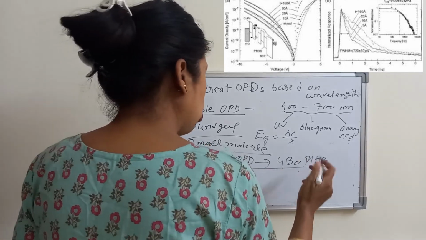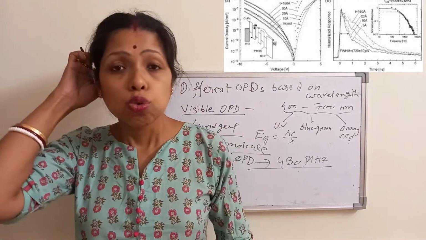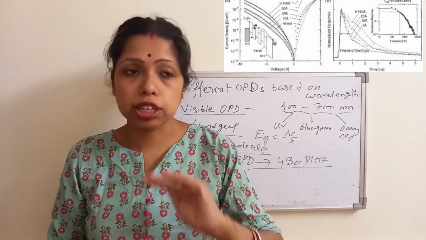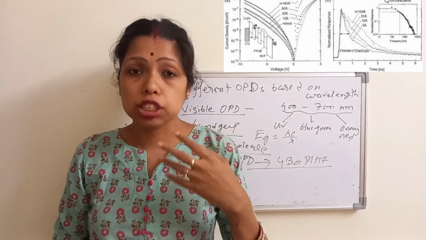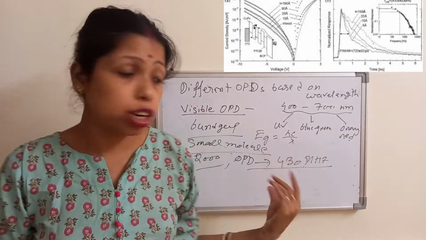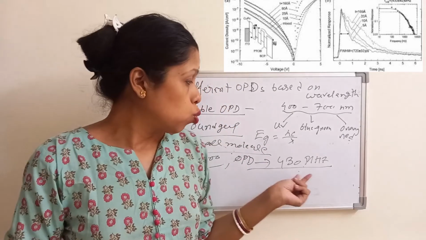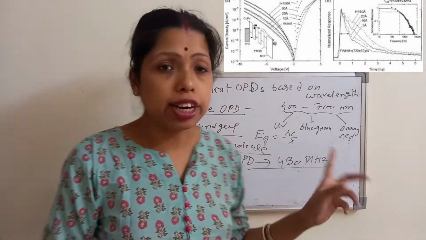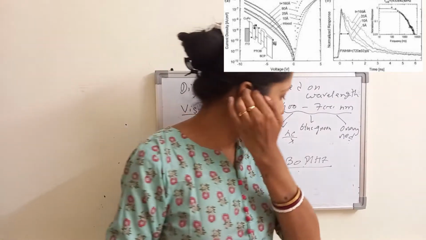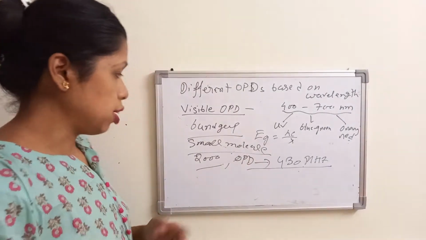Nowadays, various photodetectors have been designed which achieve a high external quantum efficiency, but the frequency response is one of the drawbacks. But in the year 2000, 20 years back, a small molecule based organic photodetector was already designed, which gave 430 megahertz in the red region only, right?